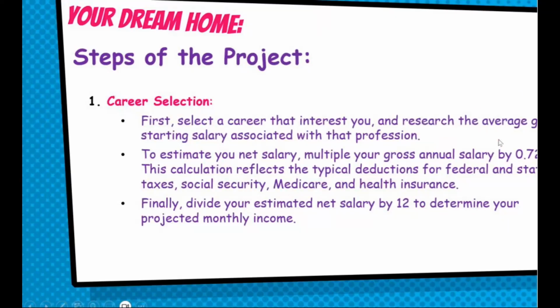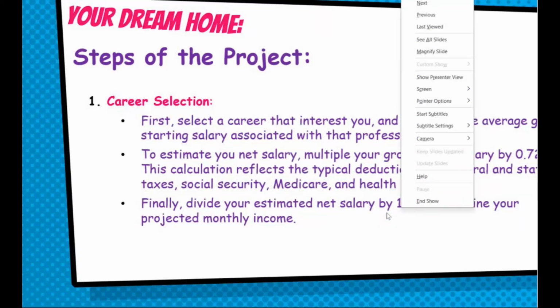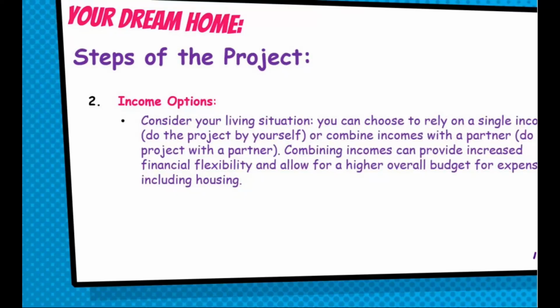So you're going to determine your net salary, and then from your net salary, you're going to determine your monthly net income. You do that by just dividing that net salary by 12. That's the amount of money that you have available every month, the money that's coming in. From there, we've already talked about some expenses. This project only has to do with housing, but for our income options, you need to consider your living situation.